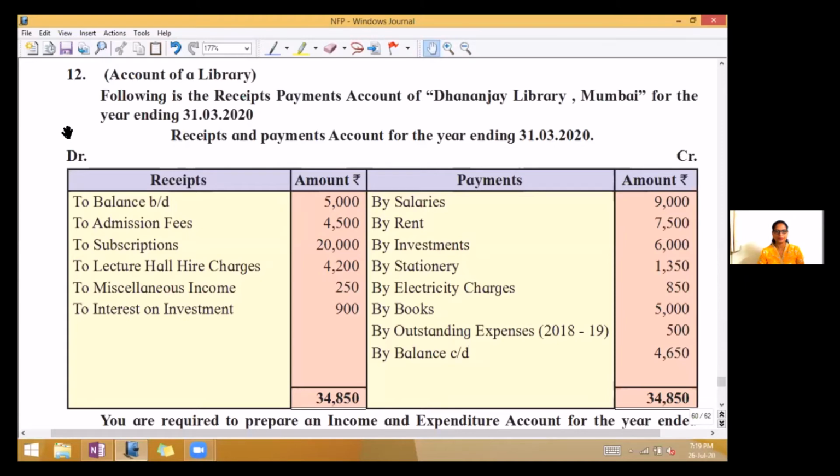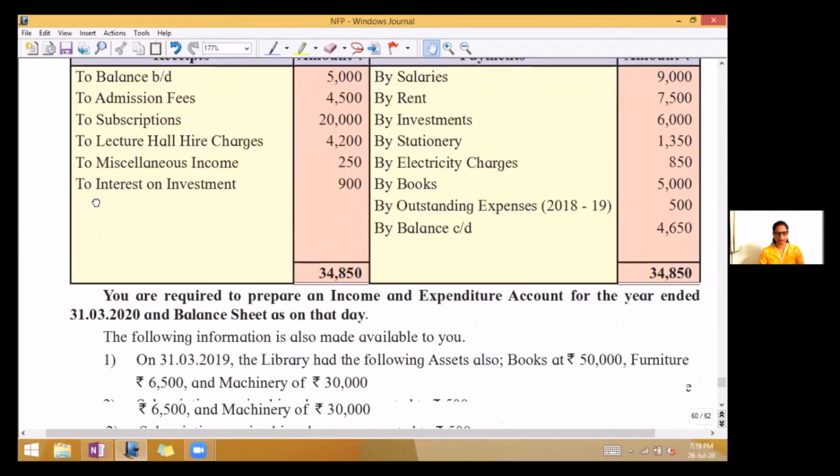Payments: salaries, rent, investments, stationery, electricity charges, books, outstanding expenses 2018-19, that is the previous year, and by balance carried down, that is your cash balance 4,650.